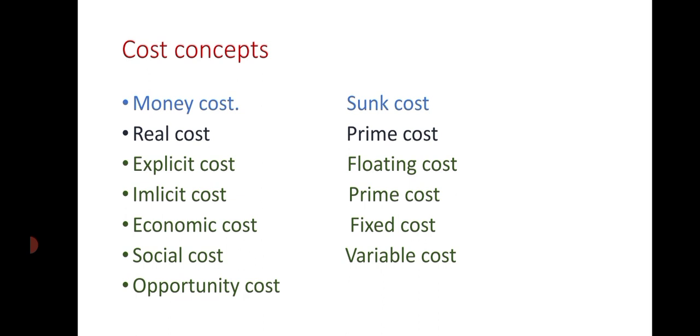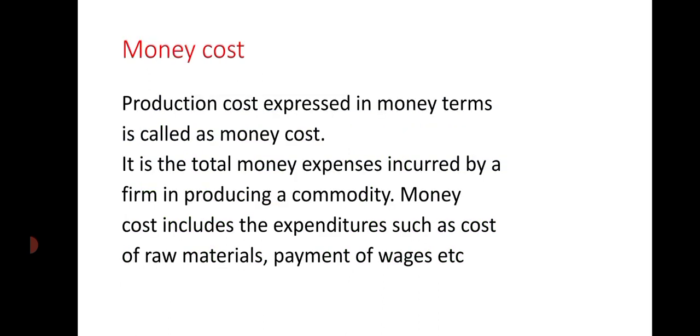First one is money cost. Money cost refers to cost of production, that is, production cost expressed in terms of money. It means expenses which are incurred to produce the product and are expressed in terms of money.